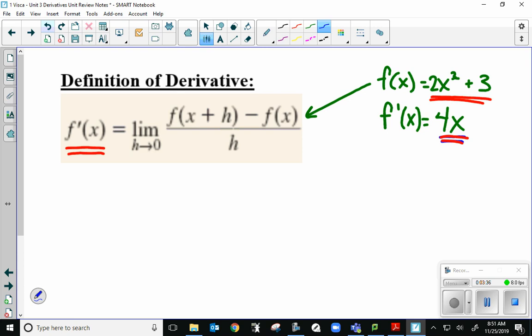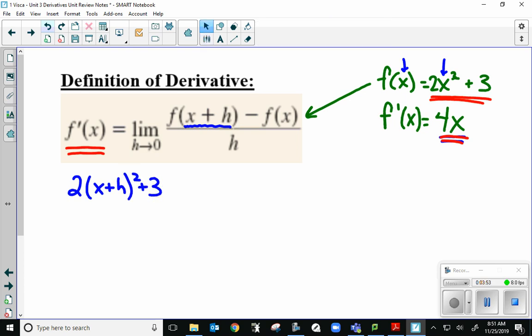I'm going to take x plus h and throw that into here, f of x plus h. So anywhere there's an x, I'm going to substitute in x plus h. So I've got 2 times x plus h squared plus 3. Now, I'm going to subtract the original equation, the entire equation.